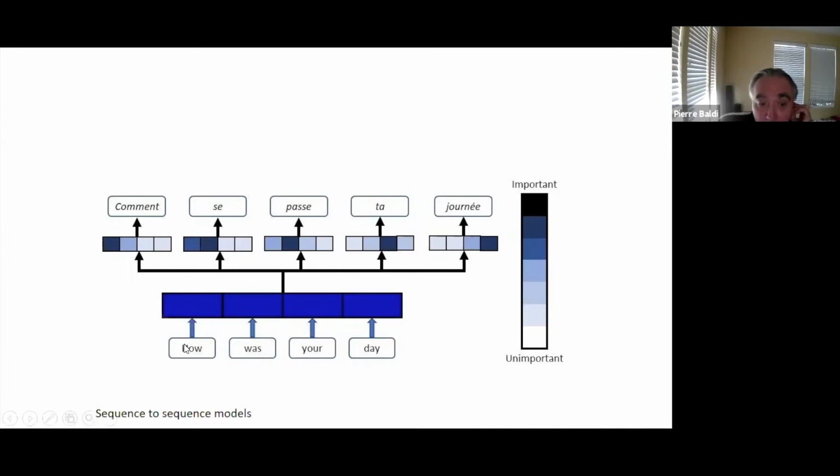The idea is that when you are translating a word in a sentence, and you're looking at the corresponding word in the target language, what matters for a particular word in the target language depends on the input, but in a different way. So when you're translating how into comment, what is most important to translate comment is the word how, and maybe was is a little bit important, and then your and they are not important at all.